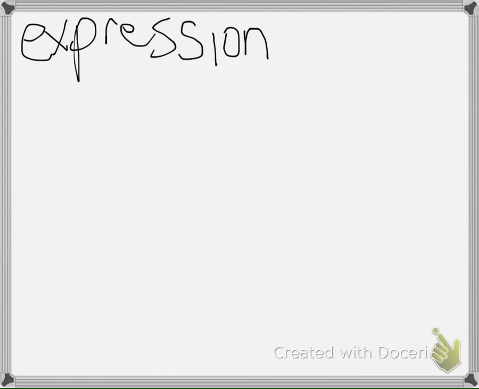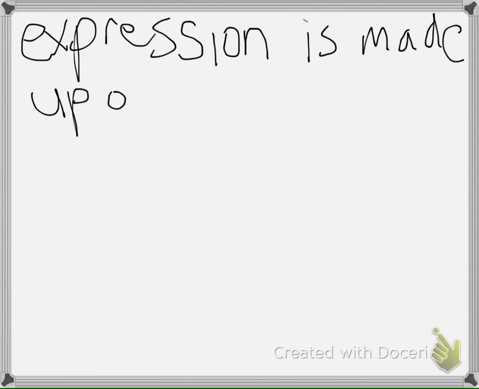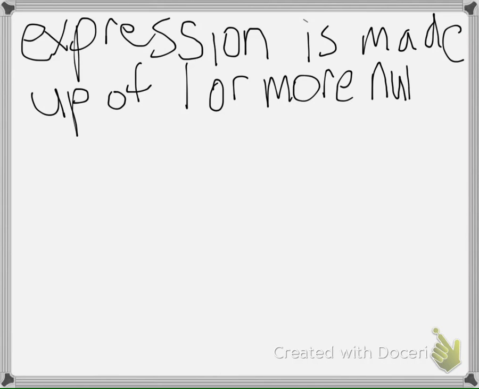These symbols, they're all standing for potential numbers. So, an expression is made up of one or more numbers, one or more variables.